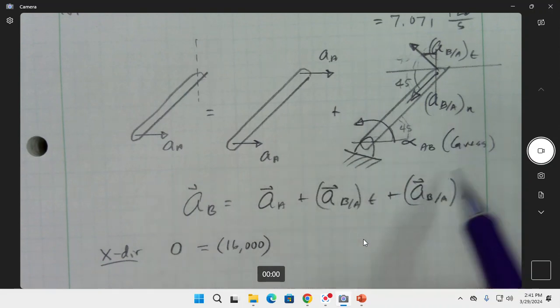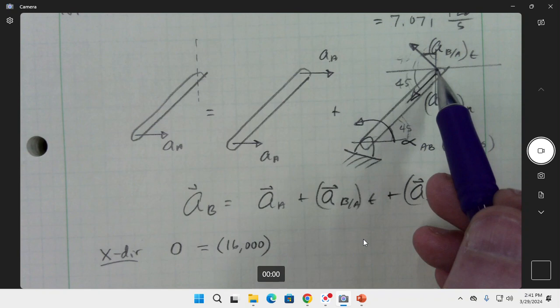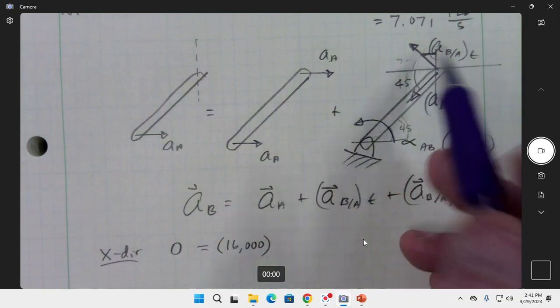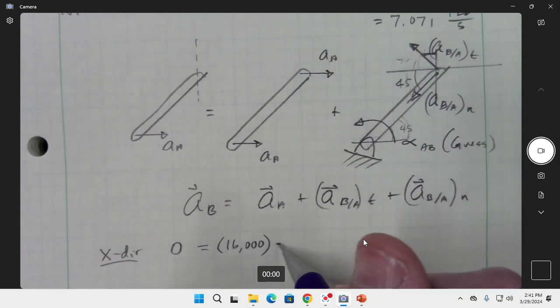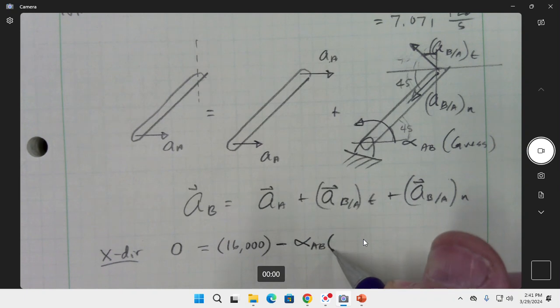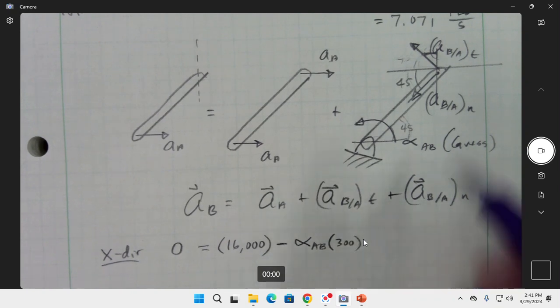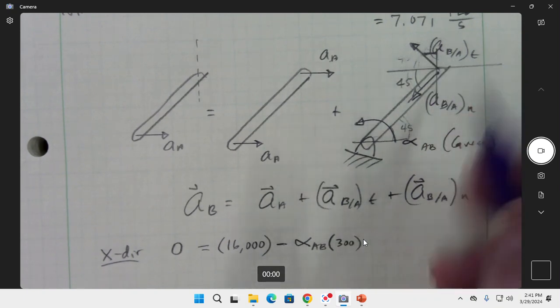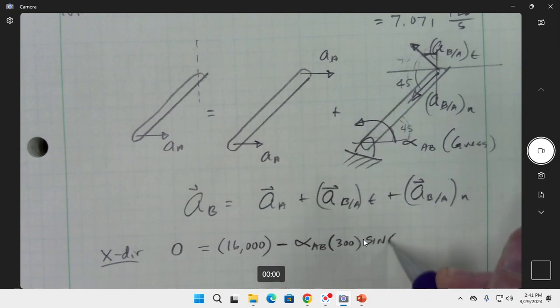match. So we're doing tangential first, and that is in the negative x direction. So we're going to go negative, and that's going to be alpha AB times the length 300, and it's going to be the sine of 45.